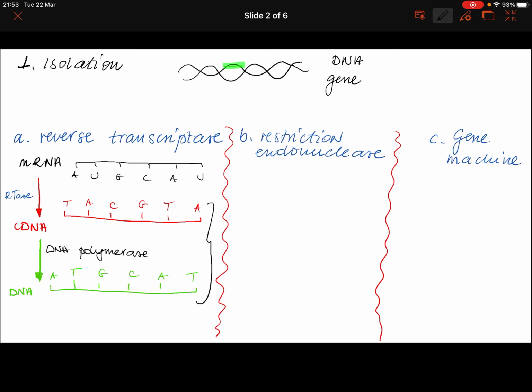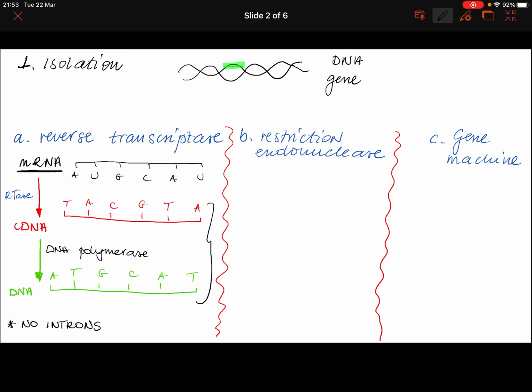The advantage of using reverse transcriptase against restriction nuclease, which we will look at in a second, is the fact that within those sequences here, we have no introns. So remember, introns are non-coding sequences on DNA. Why don't we have them?